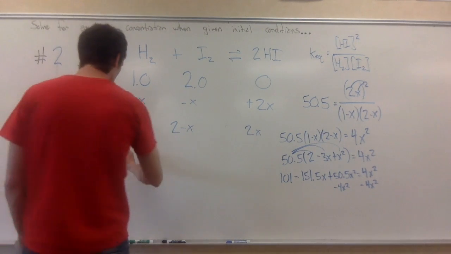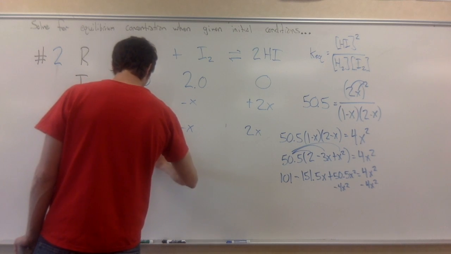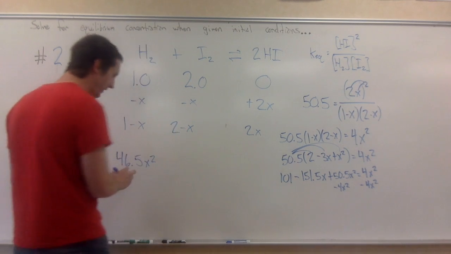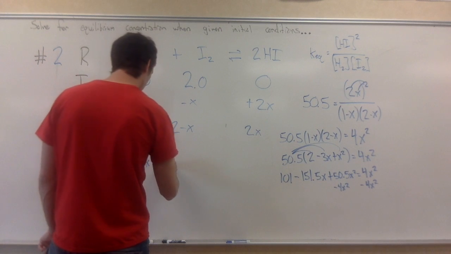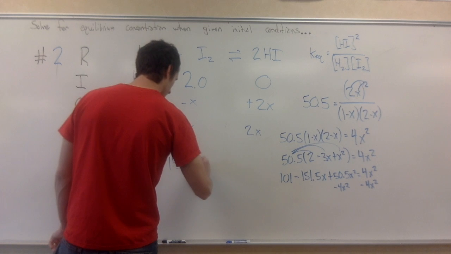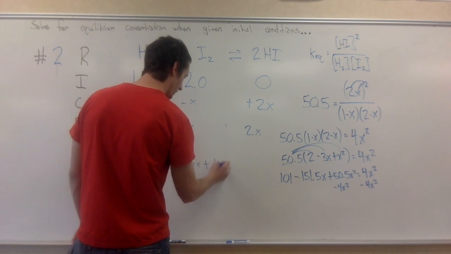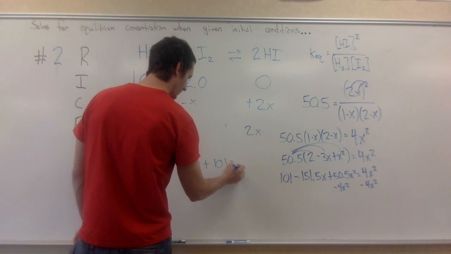So when I rearrange it, I get 46.5x squared minus 151.5x plus 101 equals 0.